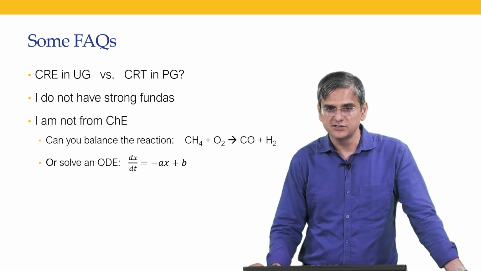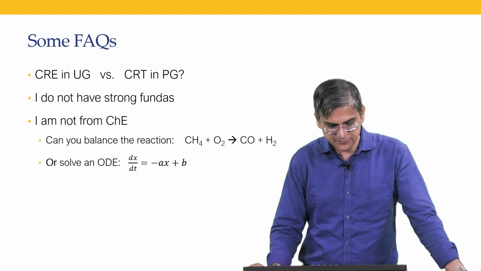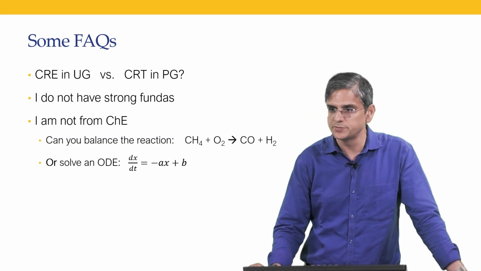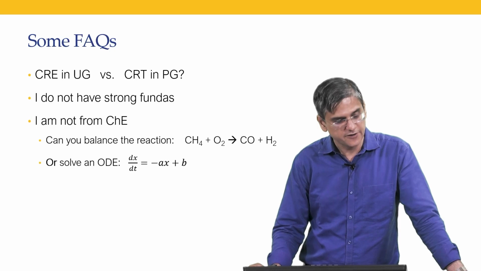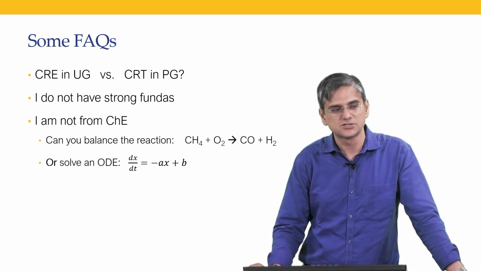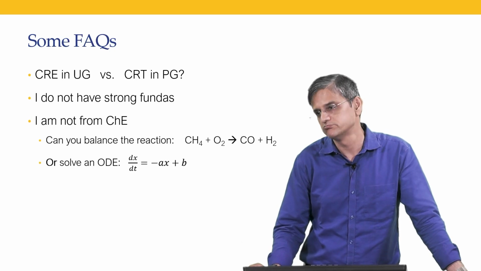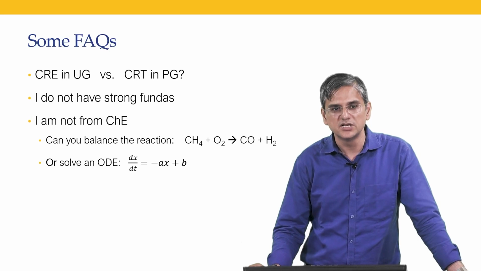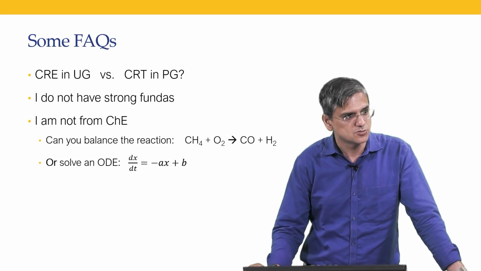Some of the questions that were frequently asked when I have taught the course in the past: CRE in UG versus PG, I've already answered that. I don't have very strong fundamentals, what can I do? Your first couple of weeks are going to be a little light with respect to assignments and so on.